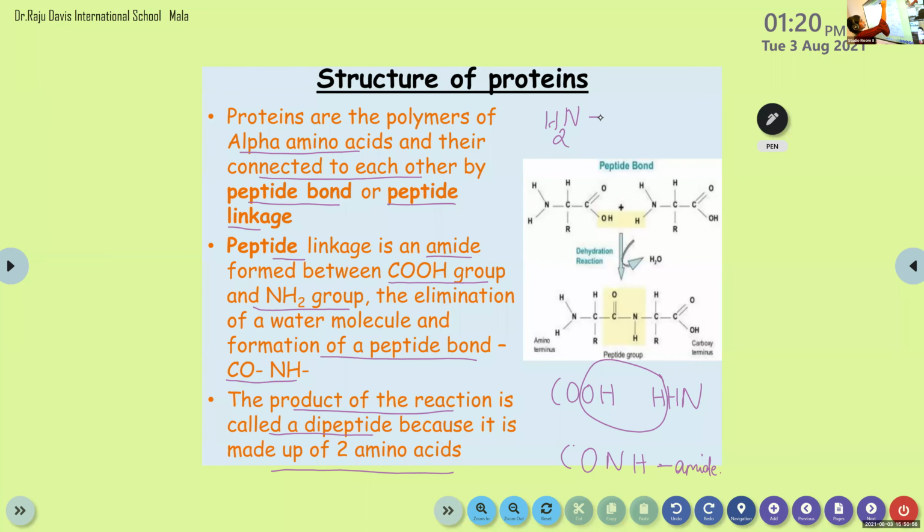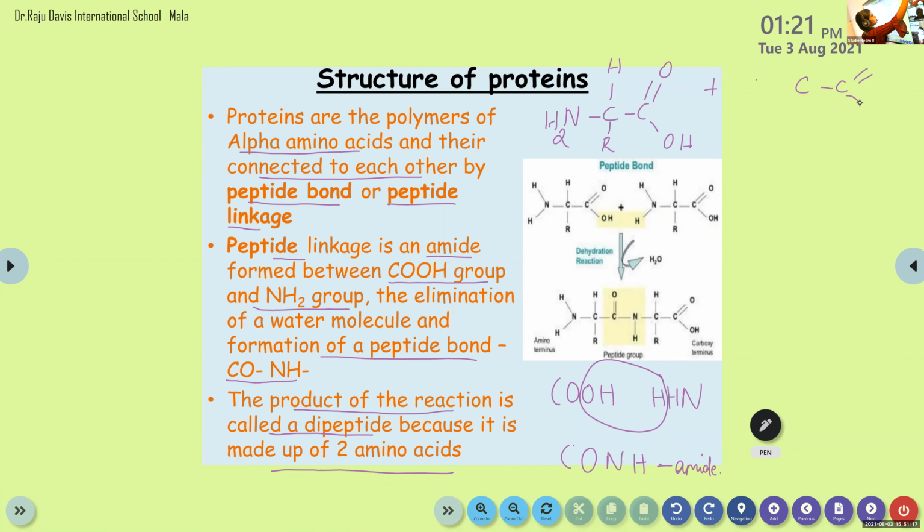NH2, then CHR, COOH. This is one amino acid, right? Then it is joined together with another one. Here also one COOH group, then HR, here one NH2.